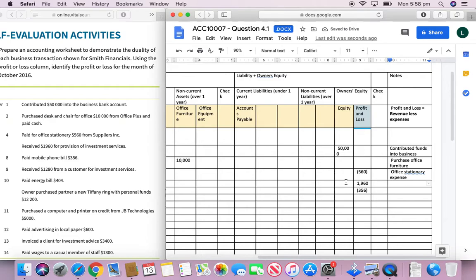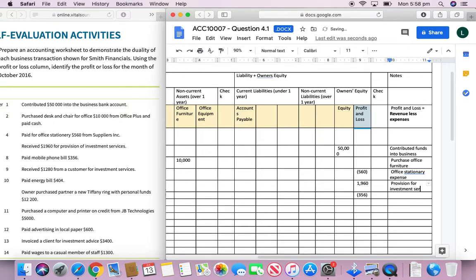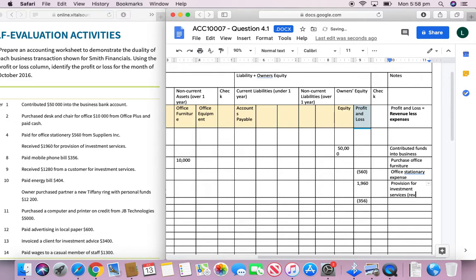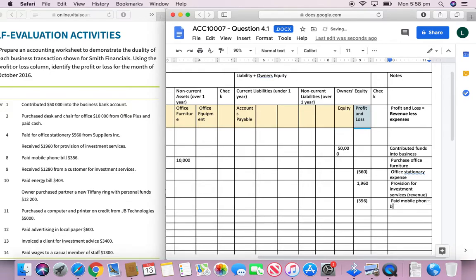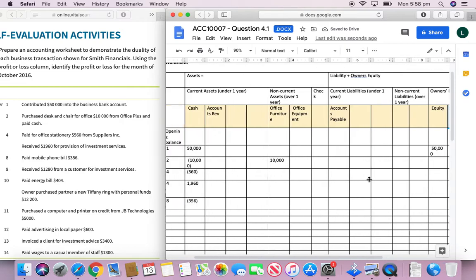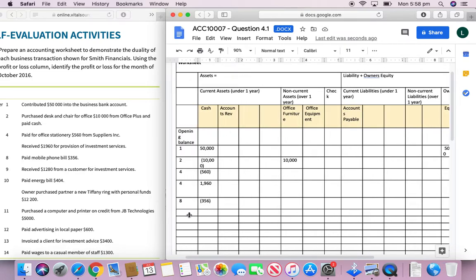The 1,960, provision for investment services. Might want to put brackets revenue. That might make it easier for you. The next one, sorry, is paid mobile phone bill.